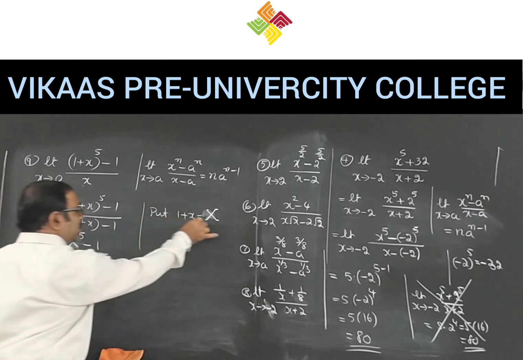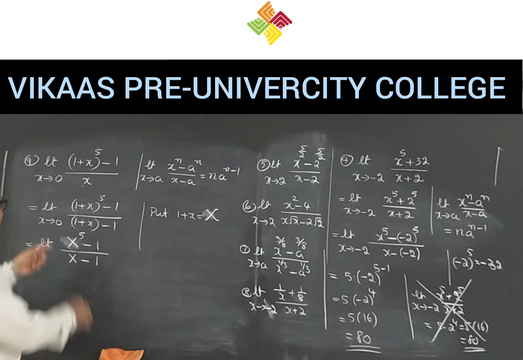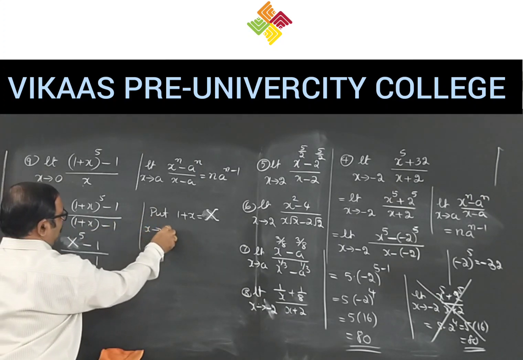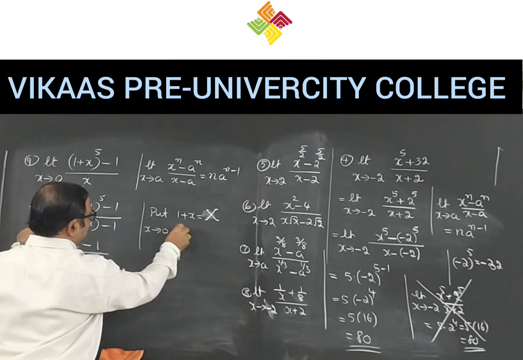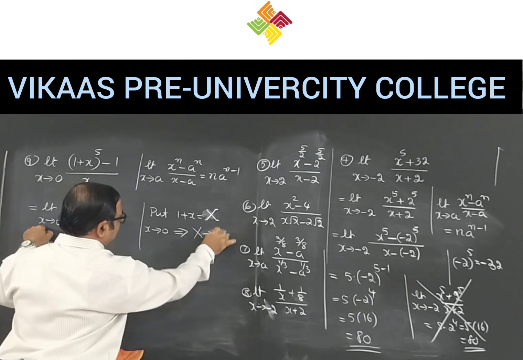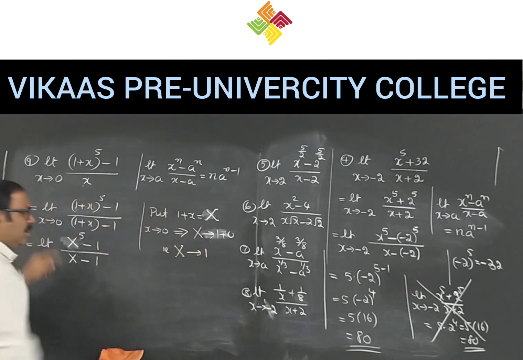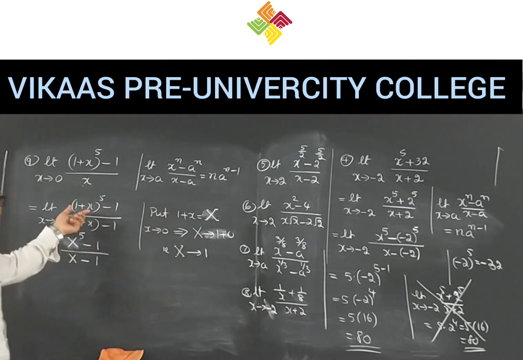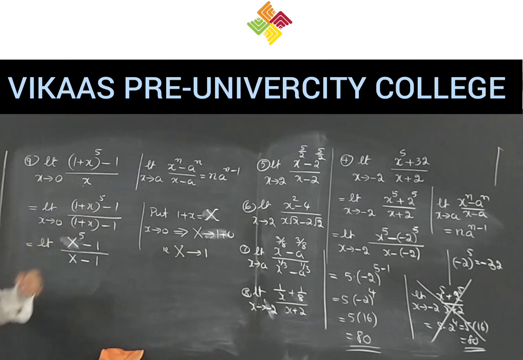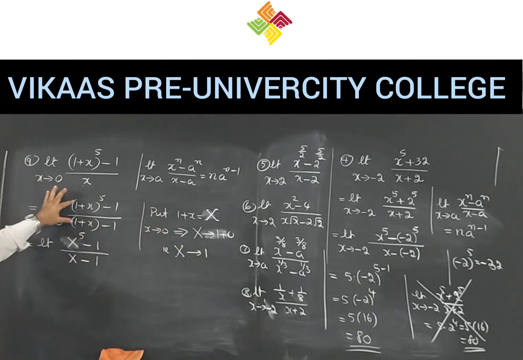When the problem is converted into capital X, you have to change the limit into capital X. Look here, I am taking 1 plus x as capital X. So you are changing the problem from small x into capital X.